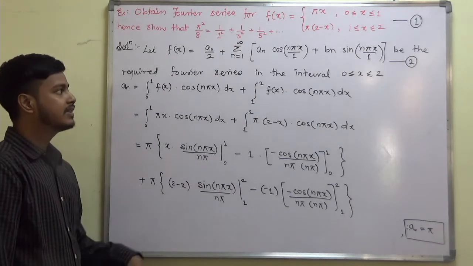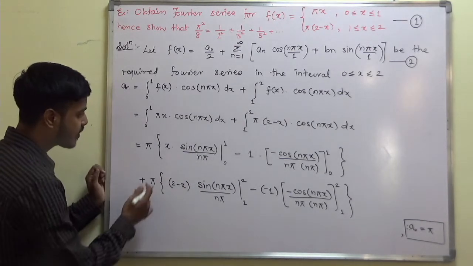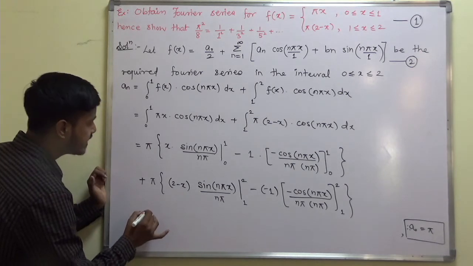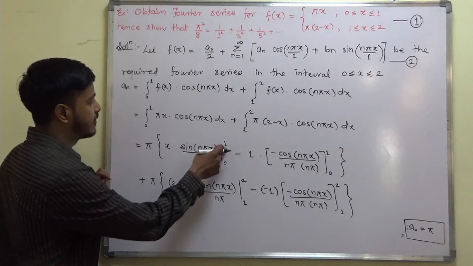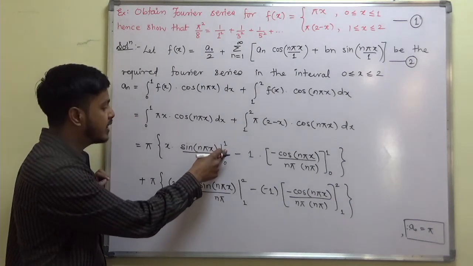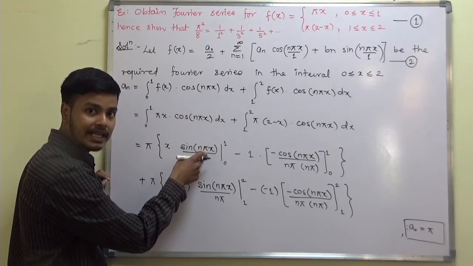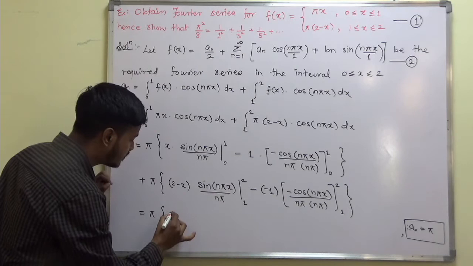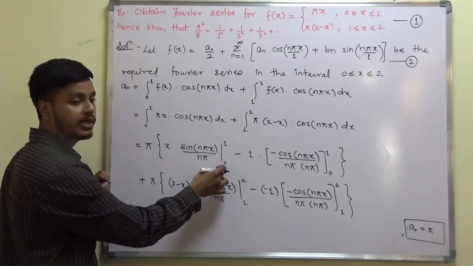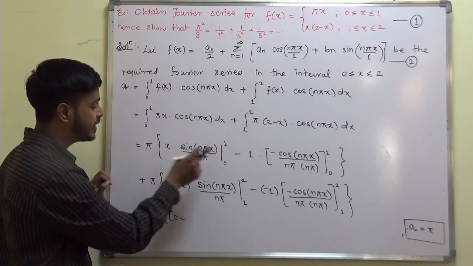Now once you get this, you can write the an. This is now simple. So this is same as pi. Can you substitute x is equal to 1? So this is 1 into sine n pi. What is sine n pi? 0. So the upper limit will give you 0, minus lower limit. Put x is equal to 0, so 0 into anything is 0.